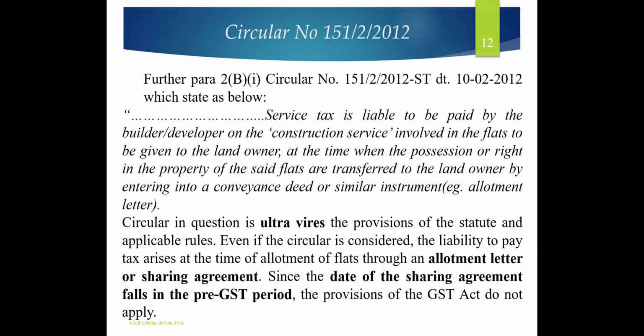An allotment letter is when a society allots a flat to a member, when the developer confers on the society the authority to start allotting flats to its members. Otherwise, we have a sharing agreement. So consider that it will apply differently in different states, different transactions for different transactions.